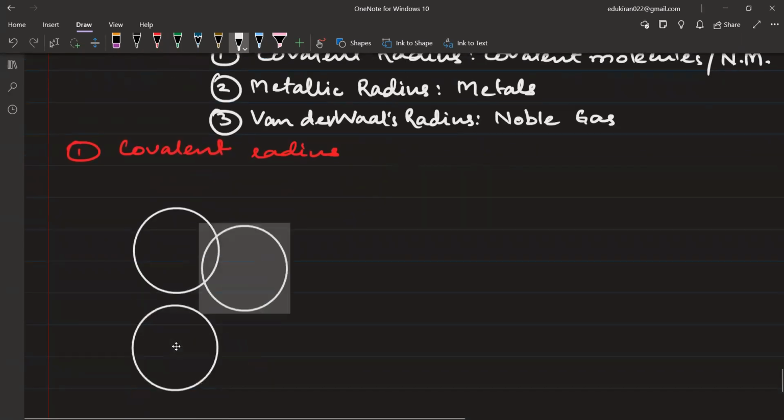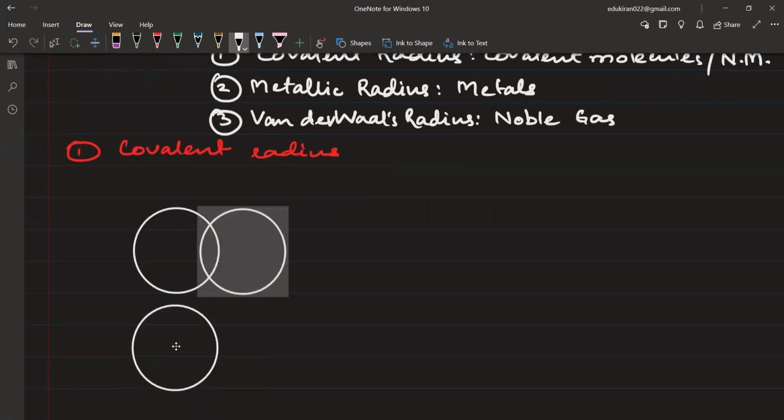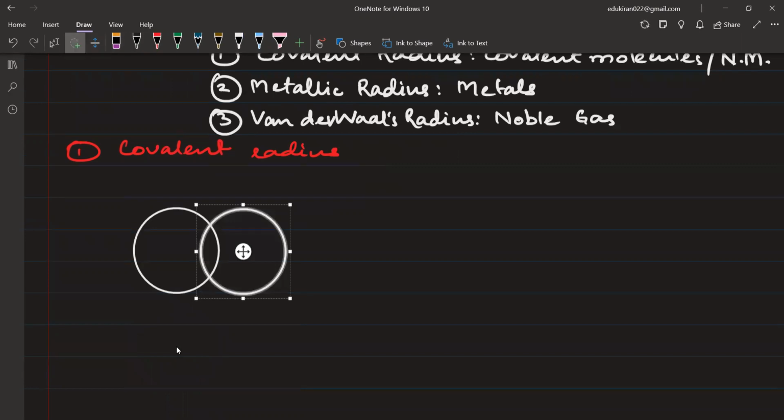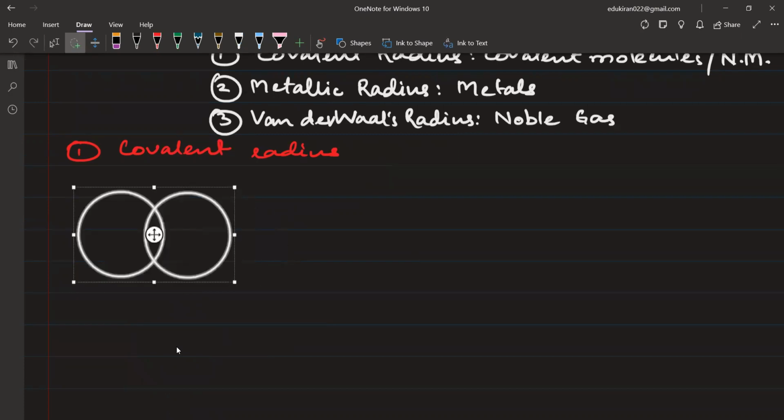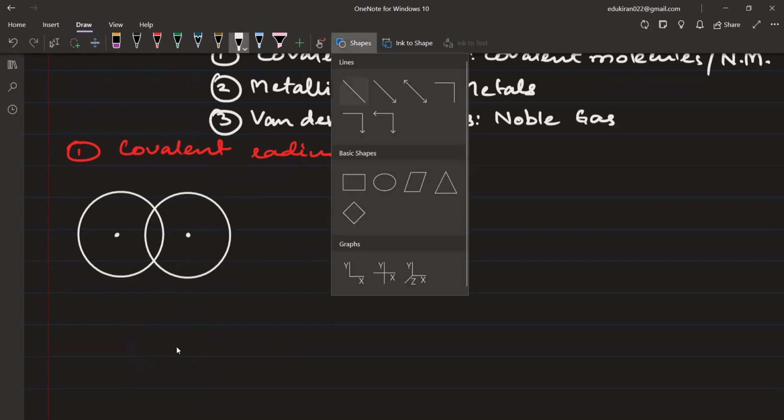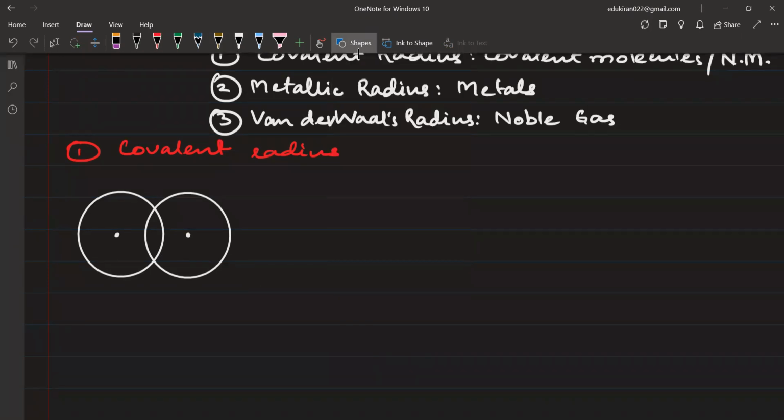This is homoatomic, that means both of these atoms are the same. If those atoms make any covalent molecule, for example hydrogen, chlorine, bromine, all of these atoms make homodiatomic molecules. Their nuclei will be here and here, just approximating the middle path. And this distance here is known as d.